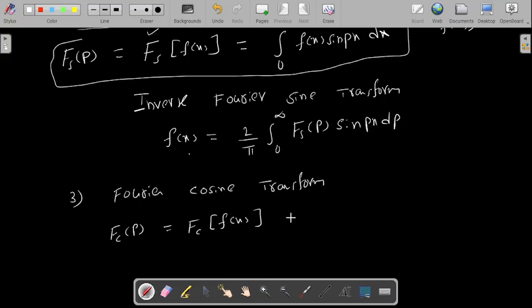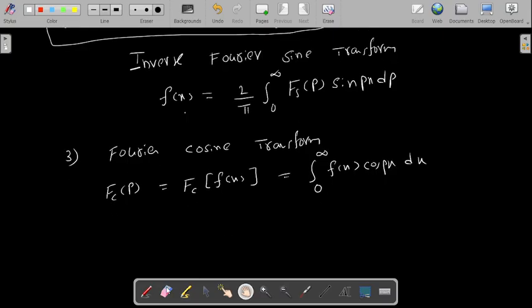F C of f of x is equal to the integral from 0 to infinity of f of x cos px dx. So that means you are only extracting the cos signals. Okay, now its inverse formula.